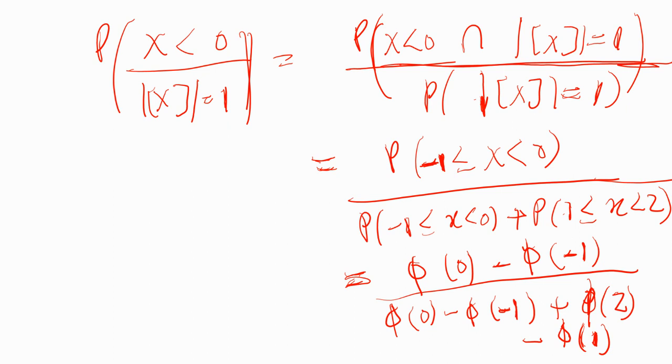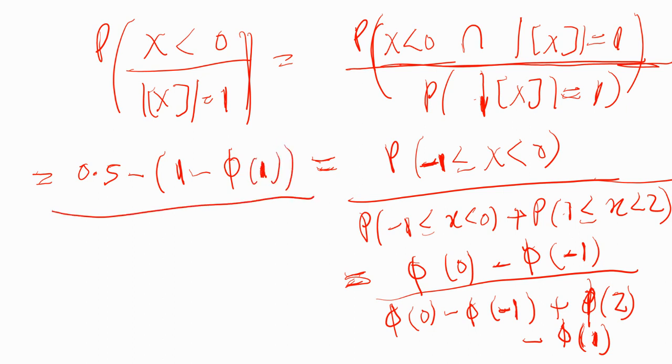Okay, and phi of minus 1 will be what? 1 minus phi of 1. So it will be 0.5 minus, it will be 1 minus phi of 1. Below we will have phi of 0 as 0.5 minus phi of minus 1, which will again be 1 minus phi of 1.